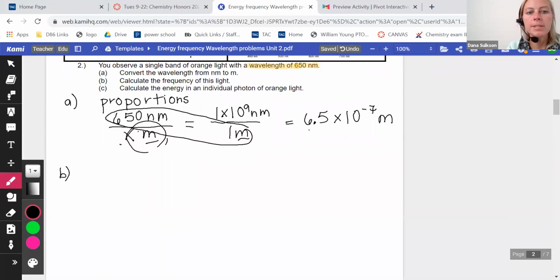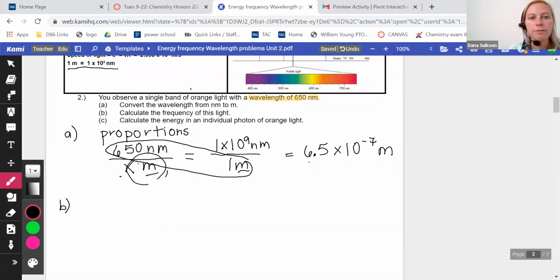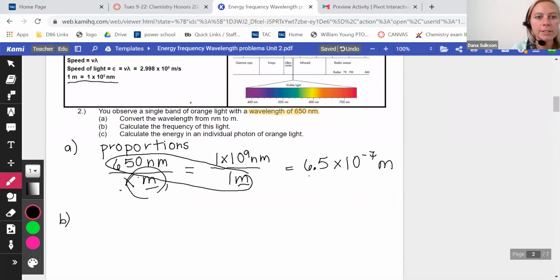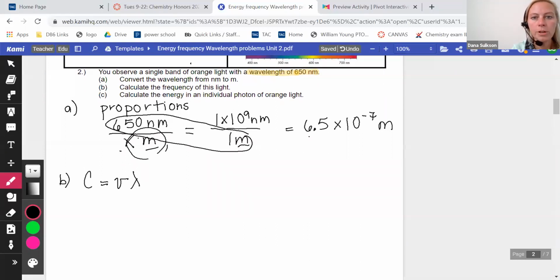Problem B says now calculate the frequency of this light. From the speed of light equation, speed of light is equal to frequency times wavelength. We know the wavelength that was given to us. So we know wavelength, we know speed of light, we're looking for frequency.